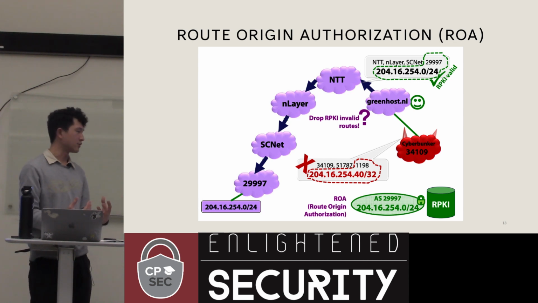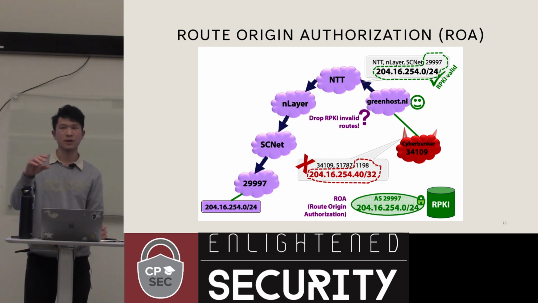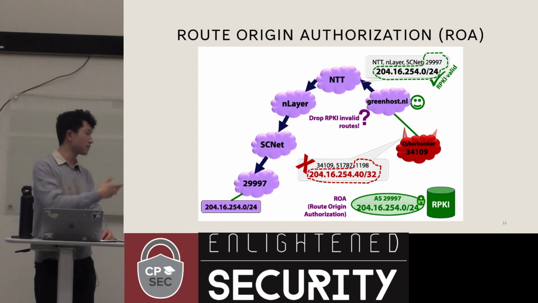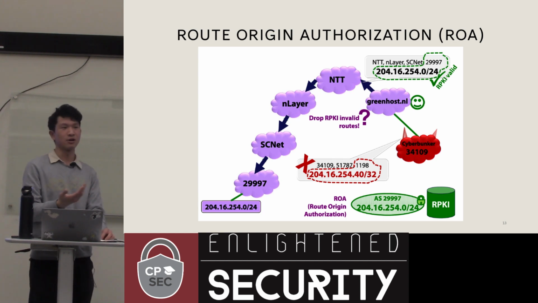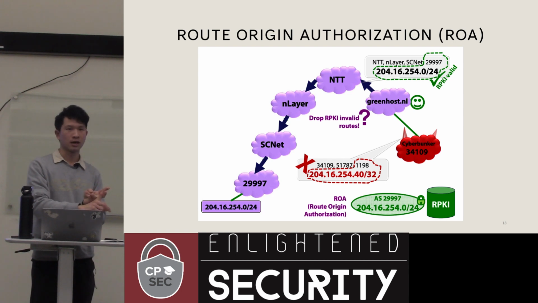If you see someone advertising a route to this address space, but the autonomous system at the very end of the path does not match what you expect in this database, then you know they're not the genuine owners of this address space. It's either maliciously crafted or something went horribly wrong, and I can safely ignore that announcement to update my routes. That's one way that ROAs can work.